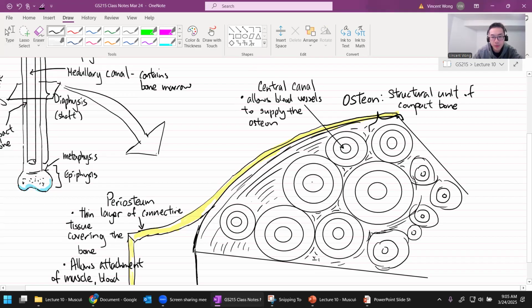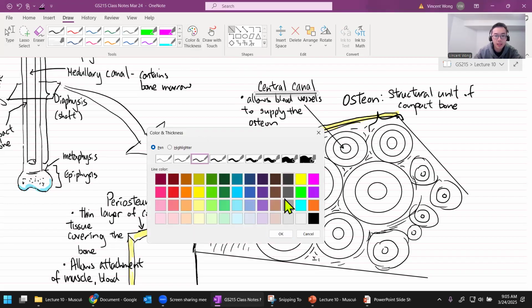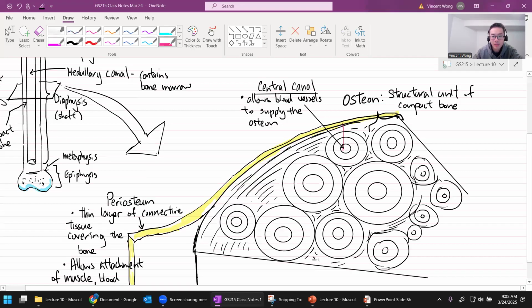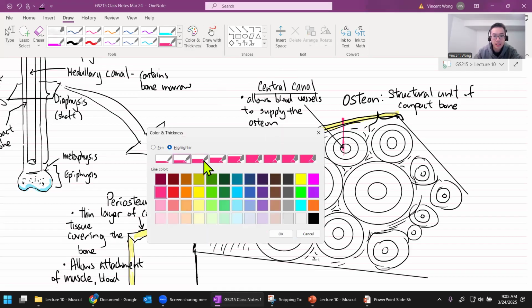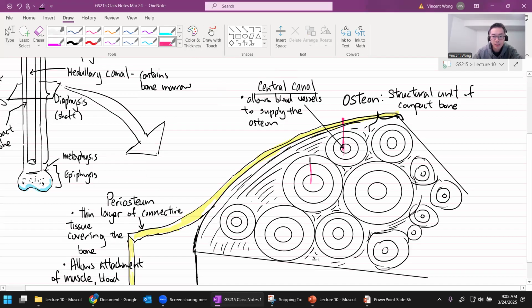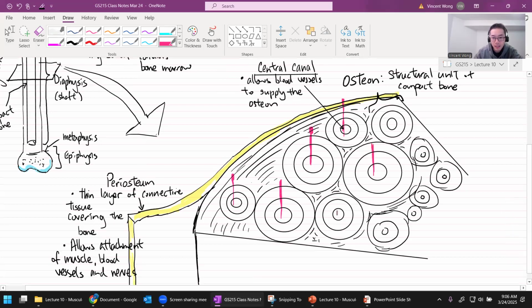So there is another central canal right here, and another. I hope by this point you know to bring colors to my class. You're going to have the blood vessels right here, nice arteries coming up. You can draw more if you want. I'm just going to put them in the center here.